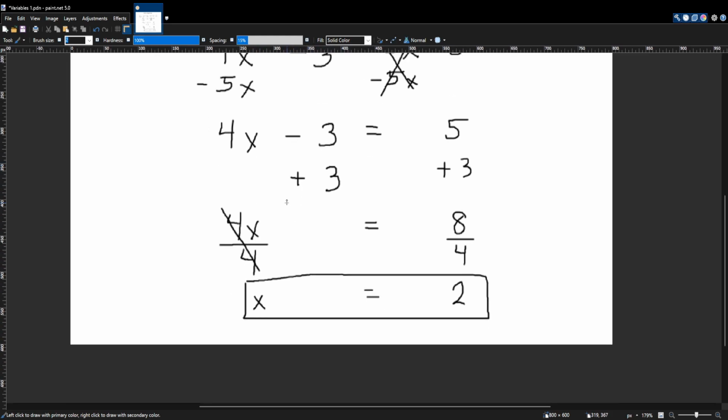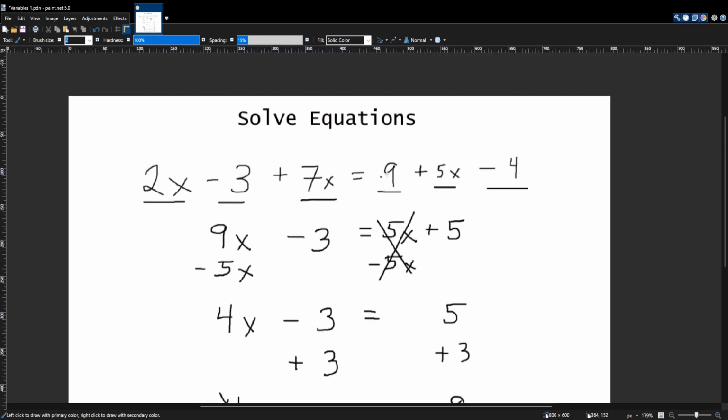And to check my work, we plug that 2 into the equation. 2 times 2 minus 3 plus 7 times 2 is equal to 9 plus 5 times 2 minus 4.